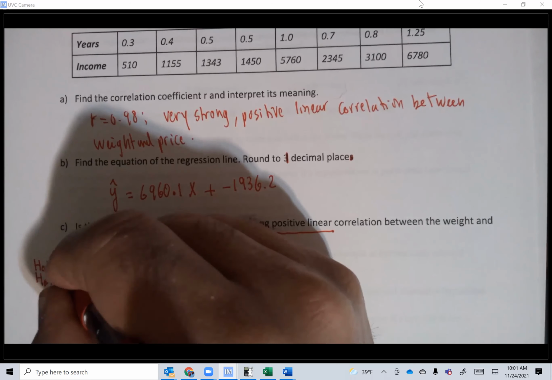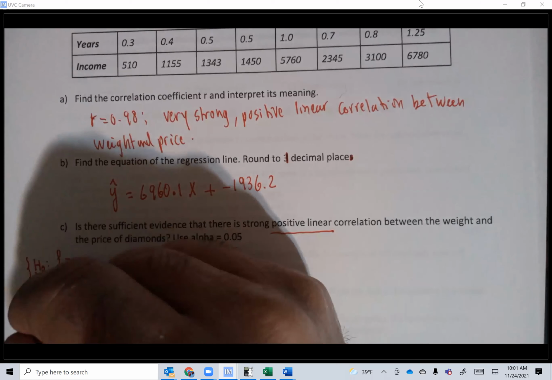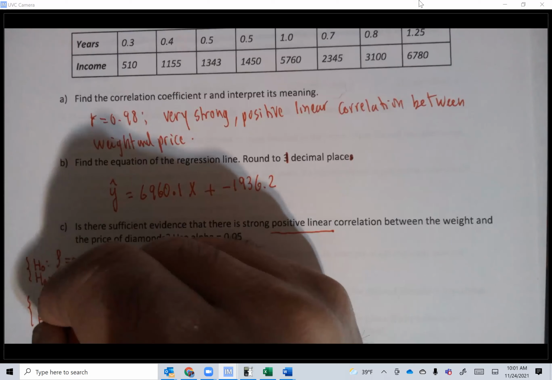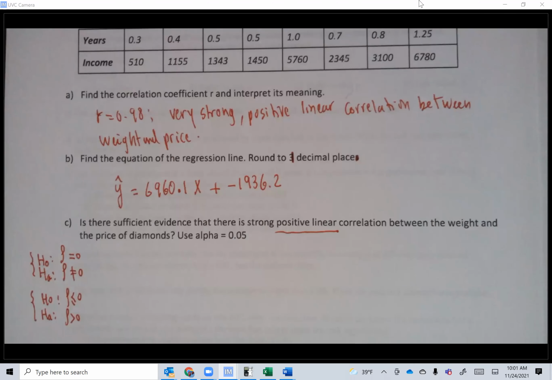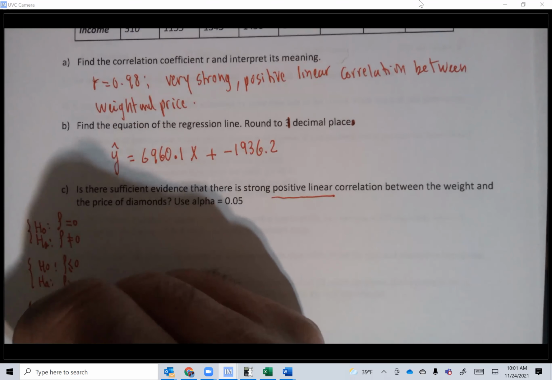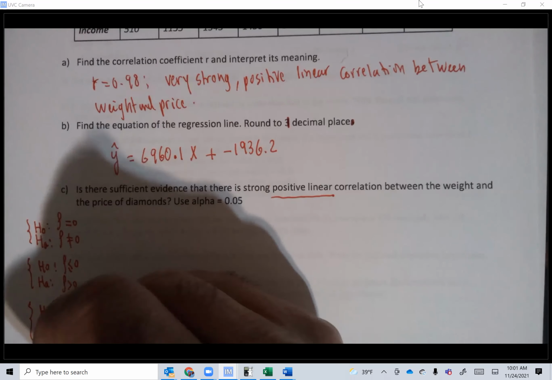It's either equal to 0, not equal to 0. That's one scenario. That's the other scenario. And the third one, guys, you have always to choose one of the 3. No other choices. Rho is less than 0.